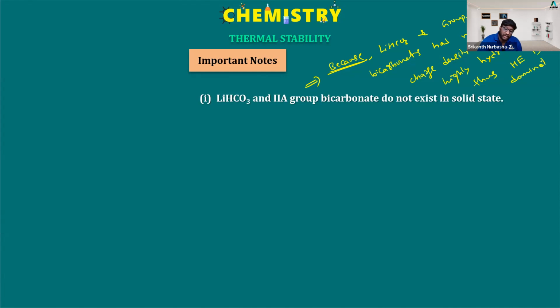If lattice energy is the dominant factor, then only they can exist in the solid state. If hydration enthalpy is dominant, then they will exist in aqueous solution only. That is why LiHCO3 and group 2A bicarbonates do not exist in solid state.